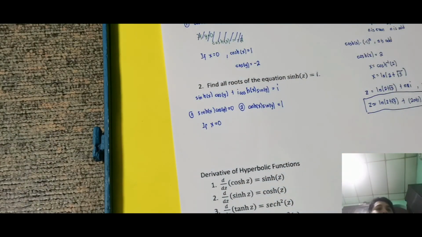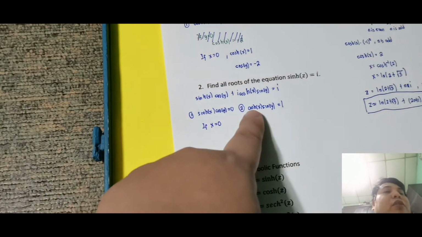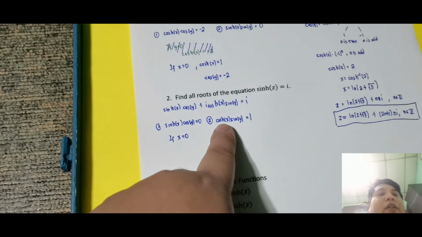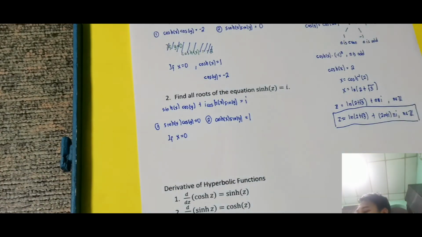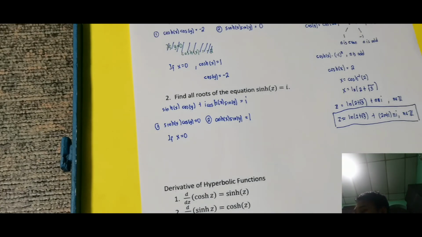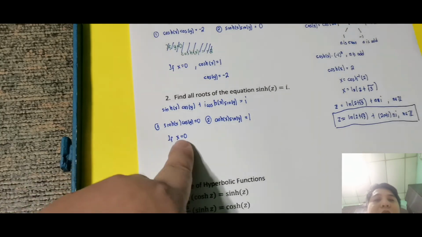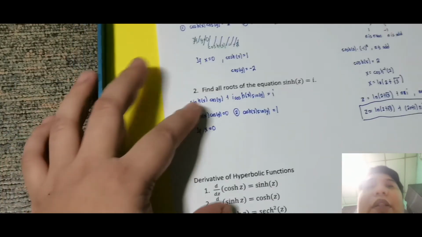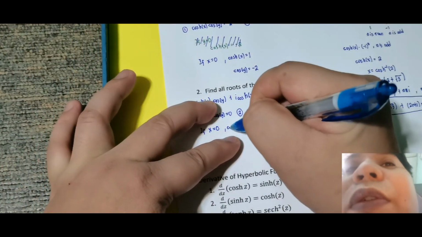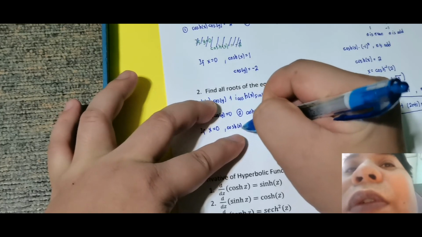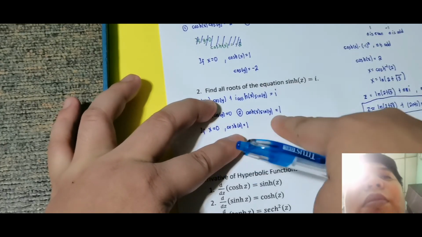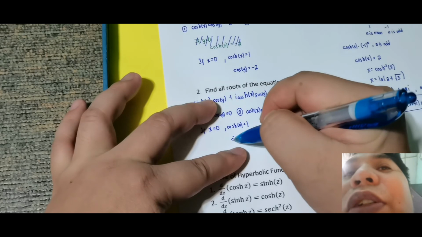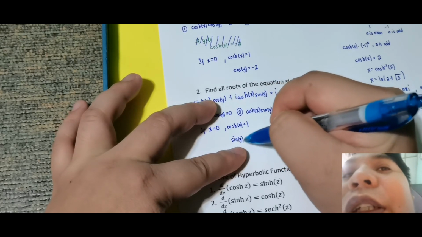If x is 0, yung cosh 0 is 1. So yung equation 2 magre-reduce. Ano magiging equation 2? That is sin y is equal to 1.